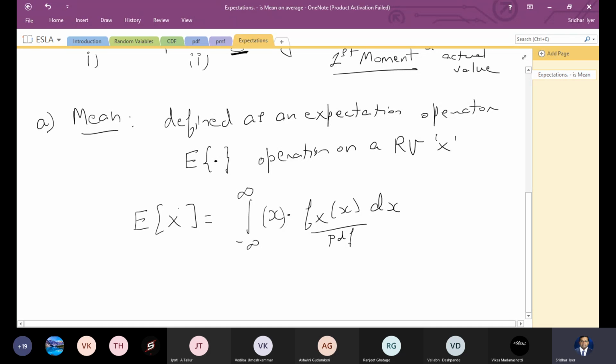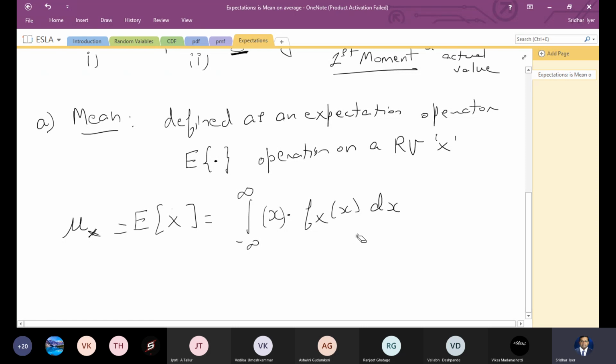In statistics, you can also denote this E of X as mu X. This is another way to denote the mean, mu X or E of X. Okay, so this mu X and E of X will be used interchangeably depending on the numerical, right? So that's how we define the mean of the random variable.